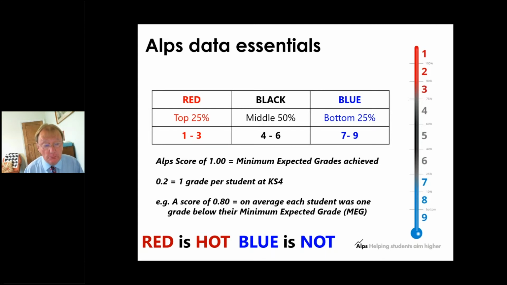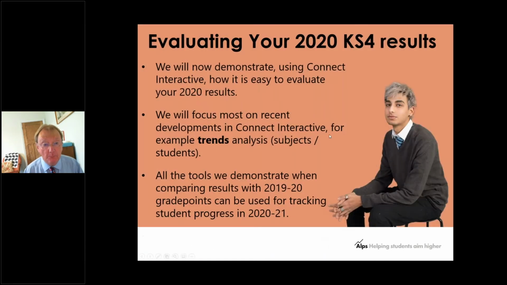So for example, a score of 0.80 means on average each student was a grade below their MEG. And 1.20, which does happen, would mean each student on average is a grade above their MEG. So red is hot, blue is not.